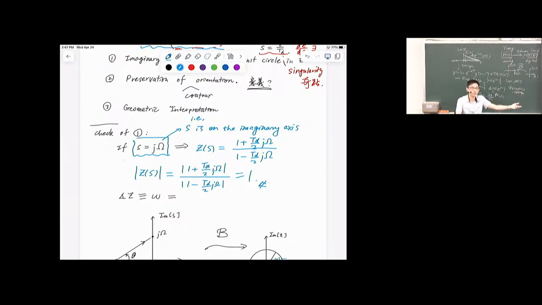Conversely, a point on the unit circle in the Z plane maps to the imaginary axis in the Laplace S domain. It's a bidirectional, one-to-one mapping.